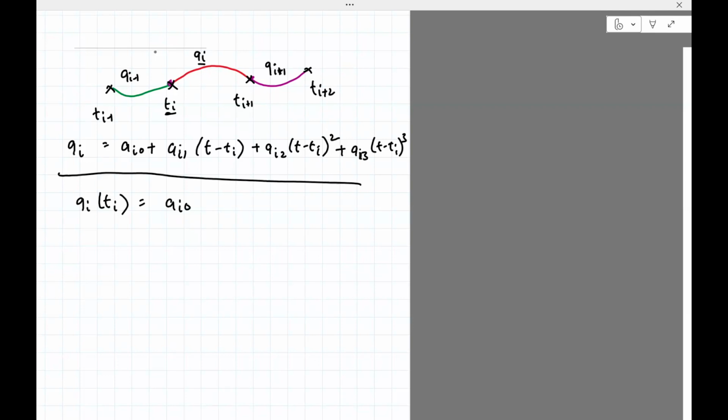But this also passes through ti plus 1. So qi at ti plus 1, which is this point, we'll have ai0, ti plus 1 minus ti, sorry, ai1 plus, we continue it on the next line.